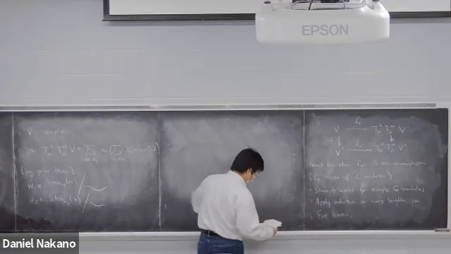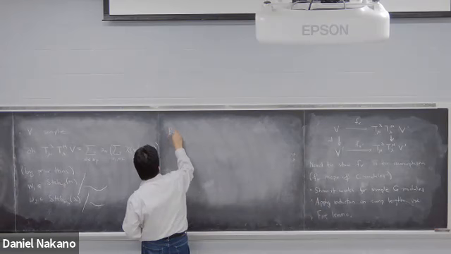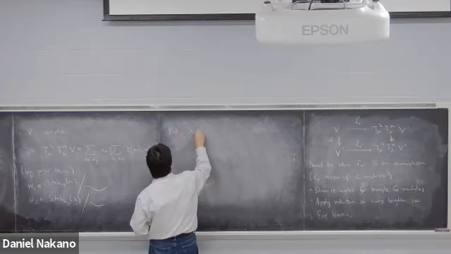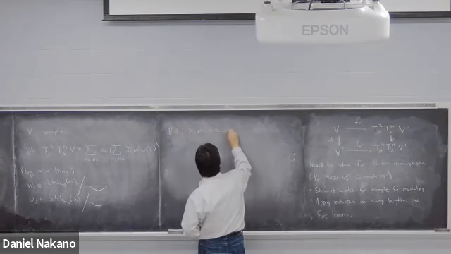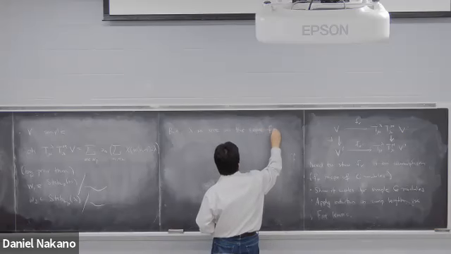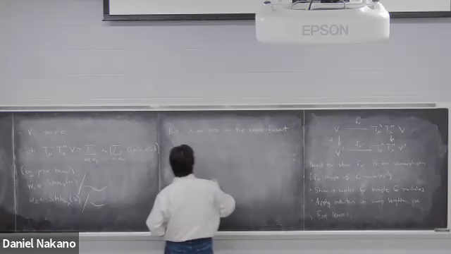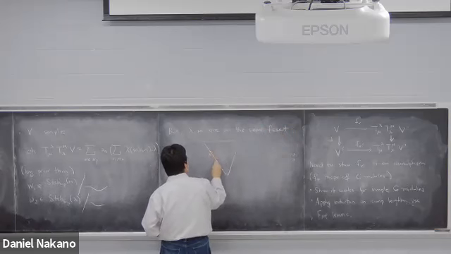So now, it's kind of the easy part. Lambda and mu are on the same facet. Let me just draw you a little picture here. For example, you can have lambda and mu over here.